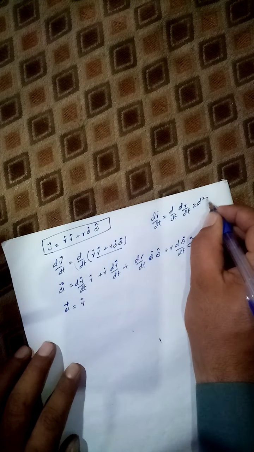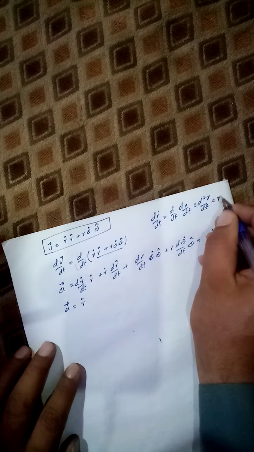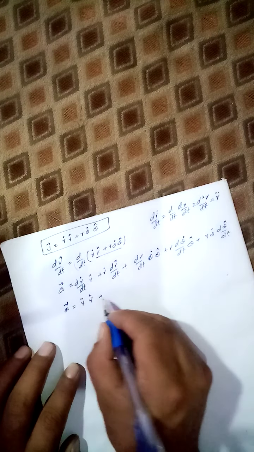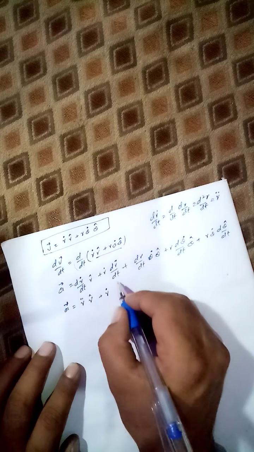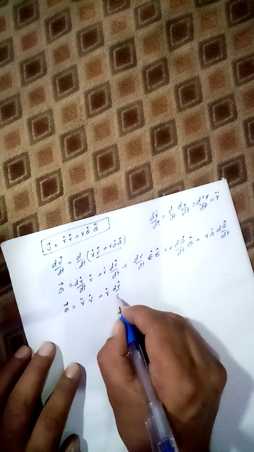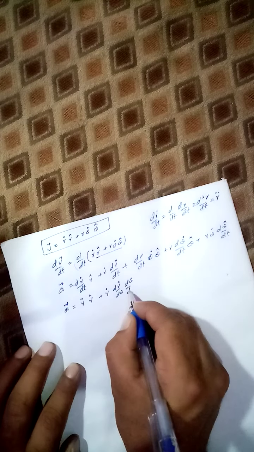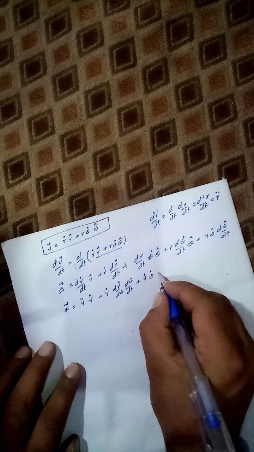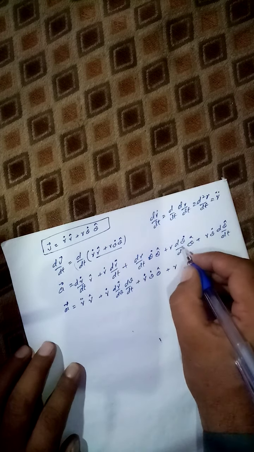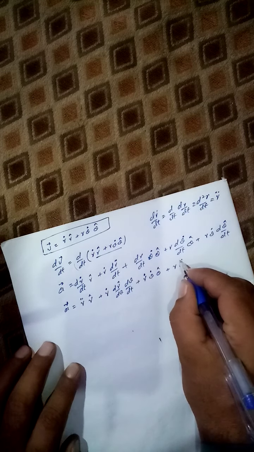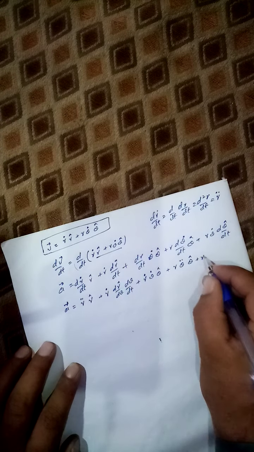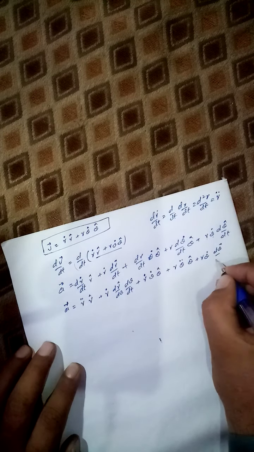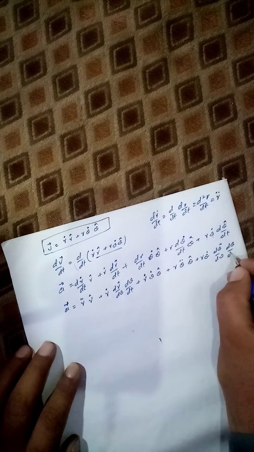So this is equal to d square r over dt square, so it's equal to r double dot, and r cap plus r dot dr cap over dt can be written as dr cap over d theta times d theta over dt, plus dr over dt is r dot, and then we have theta dot and theta cap plus r d theta dot over dt is theta double dot, and theta cap plus r theta dot and d theta cap over dt is d theta cap over d theta into d theta over dt.